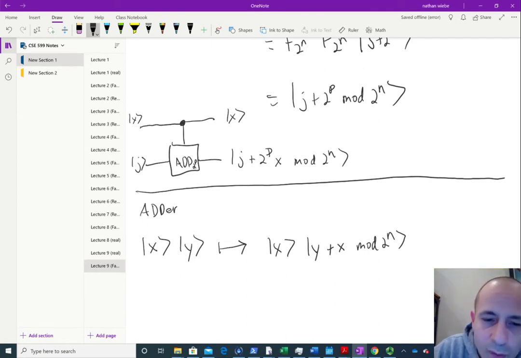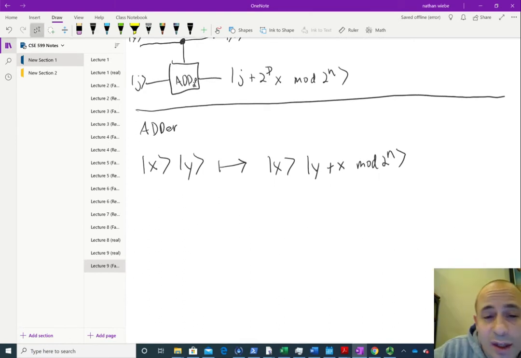Okay, cool. So note that actually this process is reversible, assuming that x and y are n-bit numbers, because everything will have a unique additive inverse in this. So, okay, the way that we're going to build an adder out of this is just by noting what x plus y is.